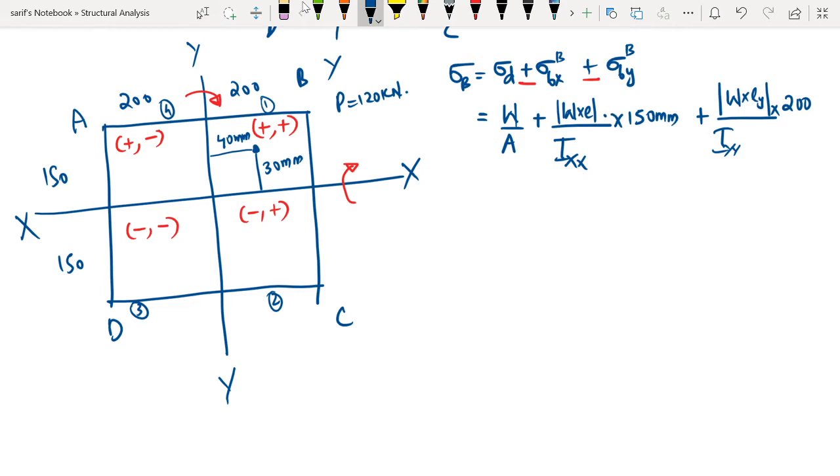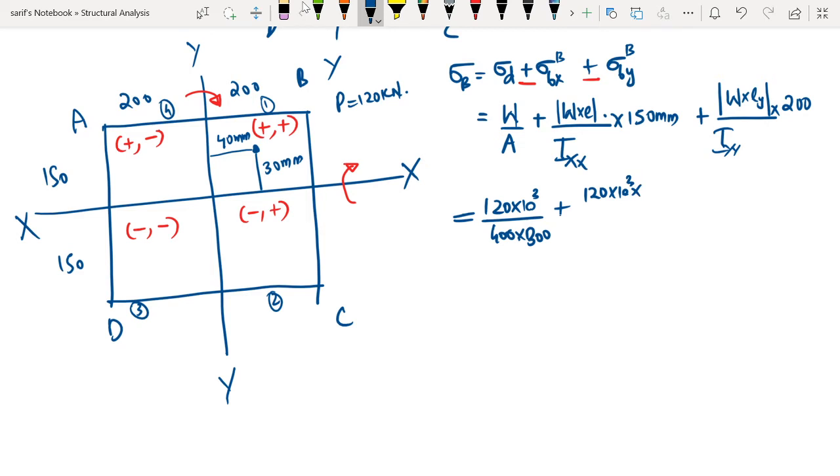bending moments. So what we can do is substitute the various values. Let us put everything in Newton and mm. 120 into 10 raised to 3, divided by 400 multiplied by 300, plus 120 into 10 raised to 3 multiplied by Ex.